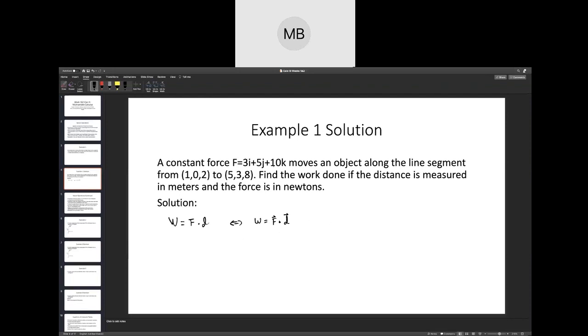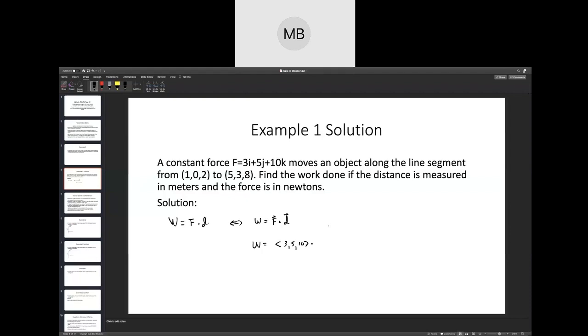The force vector, obviously, we have just in standard basis form, so we could just place this like this: 3, 5, 10, and dot question mark.